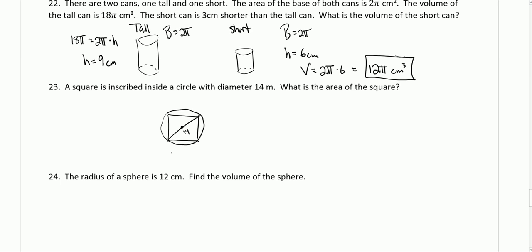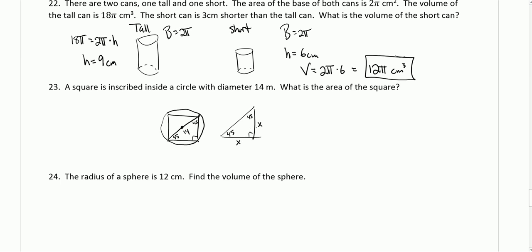What's the area of the square? We have a 45, 45, 90 right triangle. And in general, we know that these are isosceles.